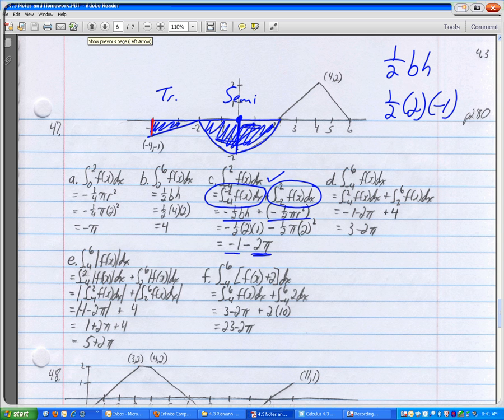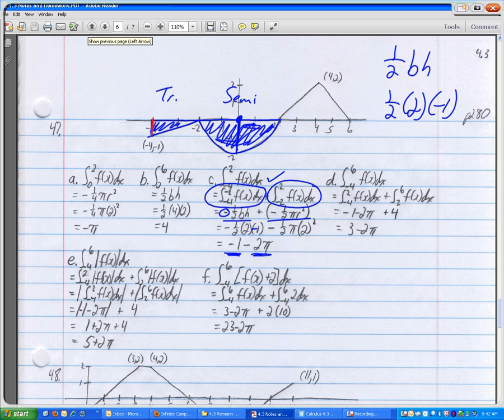I'd get the same thing, wouldn't it? Does it matter? Just don't do both, right? Don't put the negative there and then put a -1 there, because all of a sudden now you're getting a positive signed area, and that's not what you ought to get. So just don't do both.